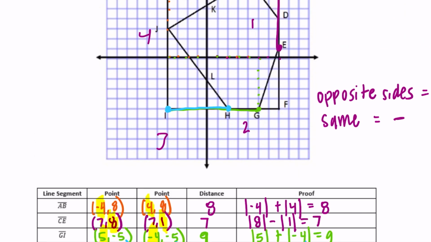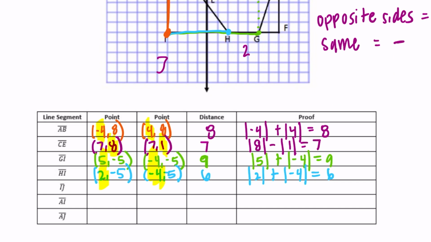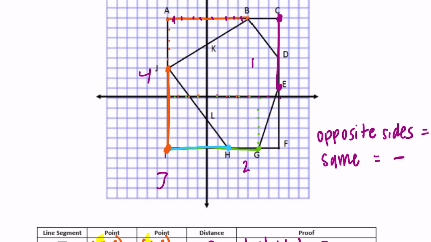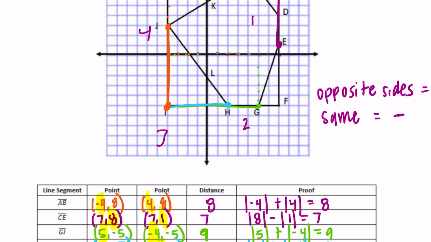IJ. Here's I. Here's J. Okay, so I is negative 4, negative 5. And J is negative 1, 2, 3, 4, 3.